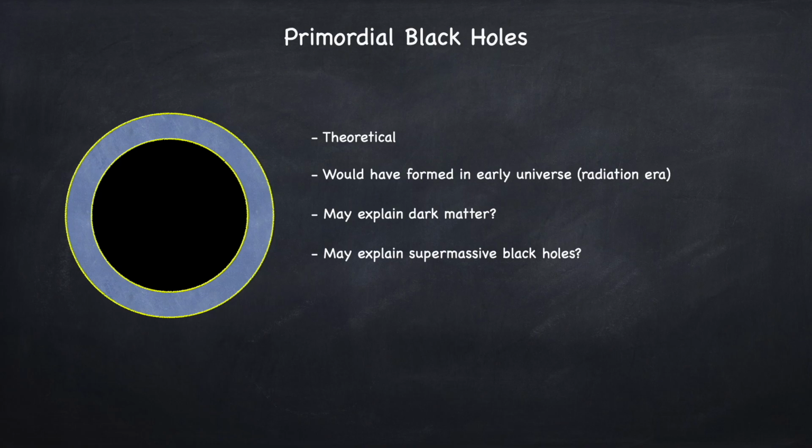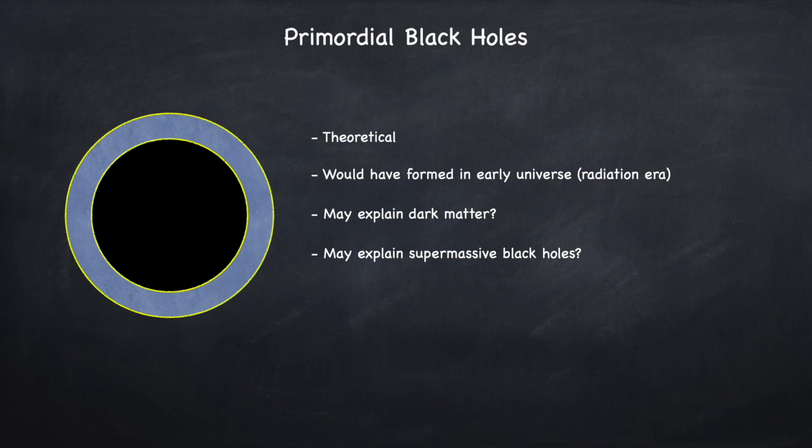So it's difficult to explain their existence using stellar black holes, because how can we make such a large black hole so early on in galaxy formation, which is also when stars first started to form? Well, one possible answer to this is that these supermassive black holes were not made by collapsing stars, but are primordial black holes. Again, this is just a theory. Nobody actually knows where supermassive black holes come from.